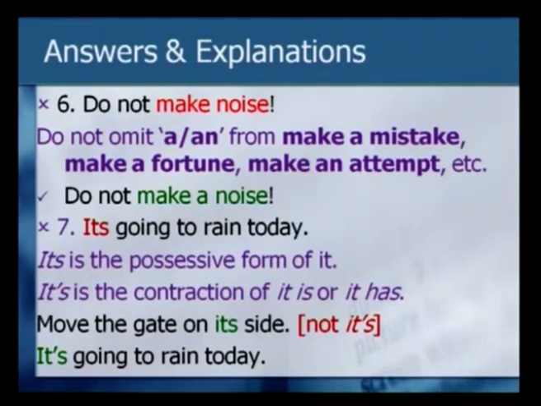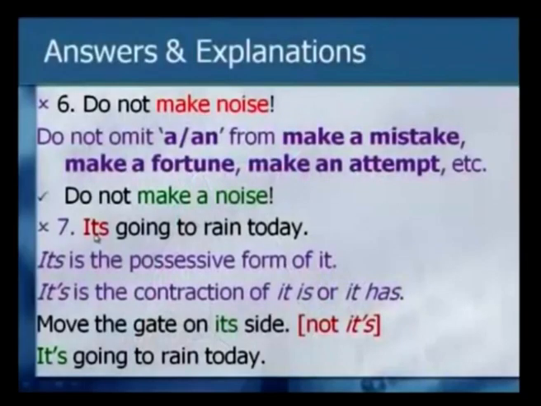Actually, if you use it in this sense, its is the possessive form of it. But what you want to say here is it's, in the contracted form, meaning it is or it has.